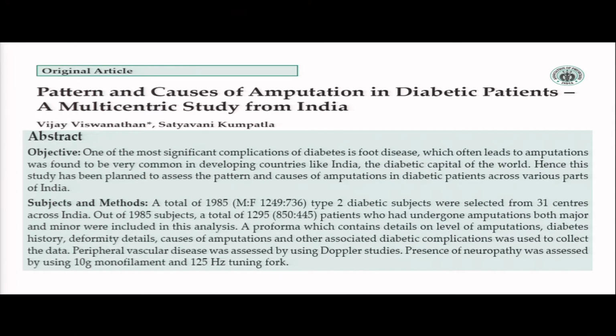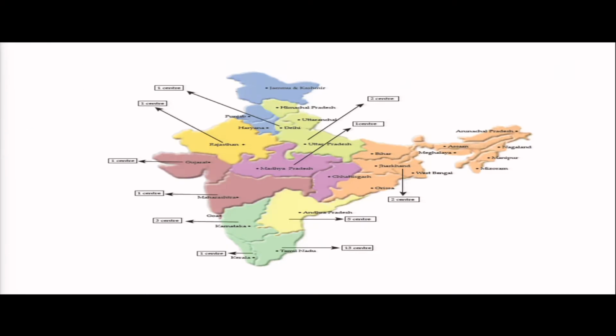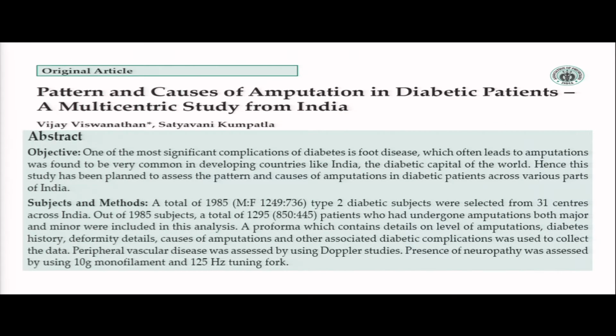Now you see this study which we published in JAPI some years ago, where we collected information from 31 diabetologists from across India, from Jammu and Kashmir to Tamil Nadu and across west to east. About 1985 amputations were reported from 31 centers.